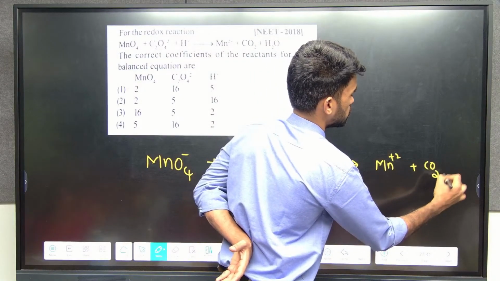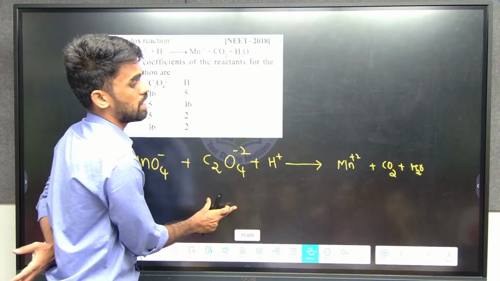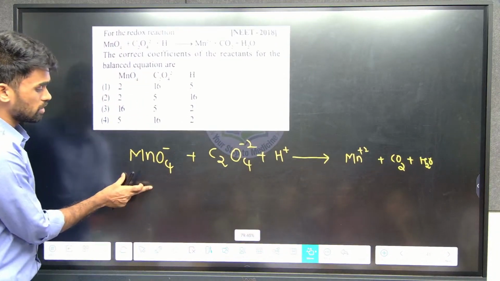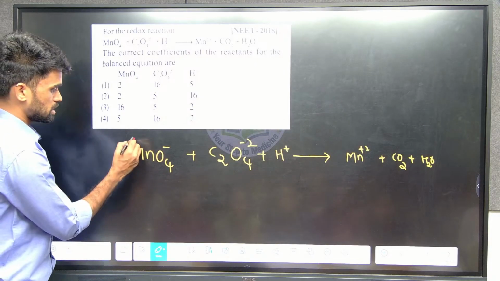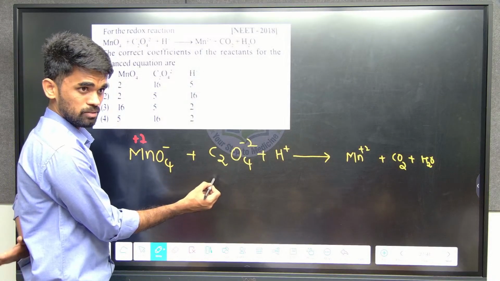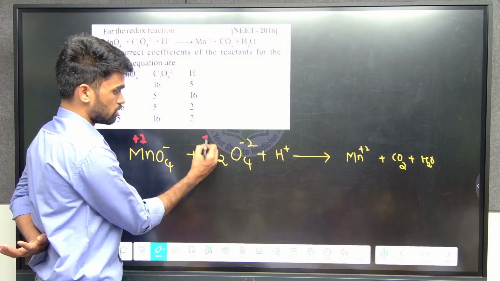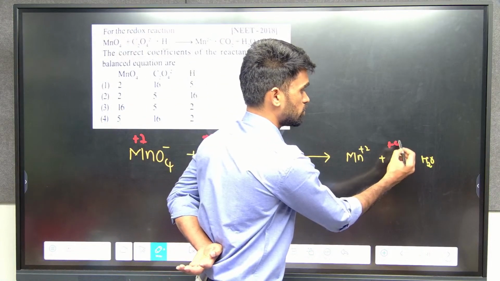CO2 and H2O. So first write that skeletal equation that they have given. After writing, assign their oxidation states first. Here it is plus 7. Oxalate ion you just did previously, plus 3. Here it is plus 2 already, and here it is plus 4.